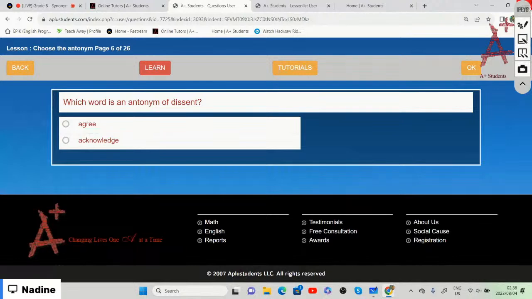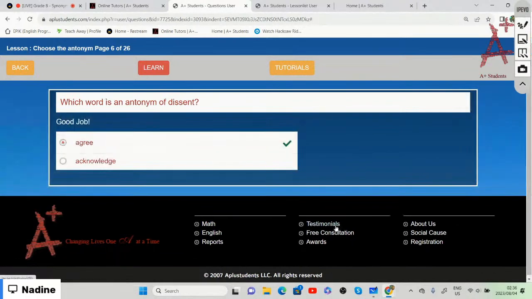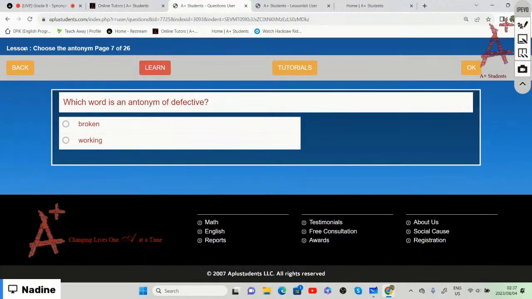All right, so basically, the opposite of dissent, we can maybe say it is a form of, let's choose agreement. Yes. All right.